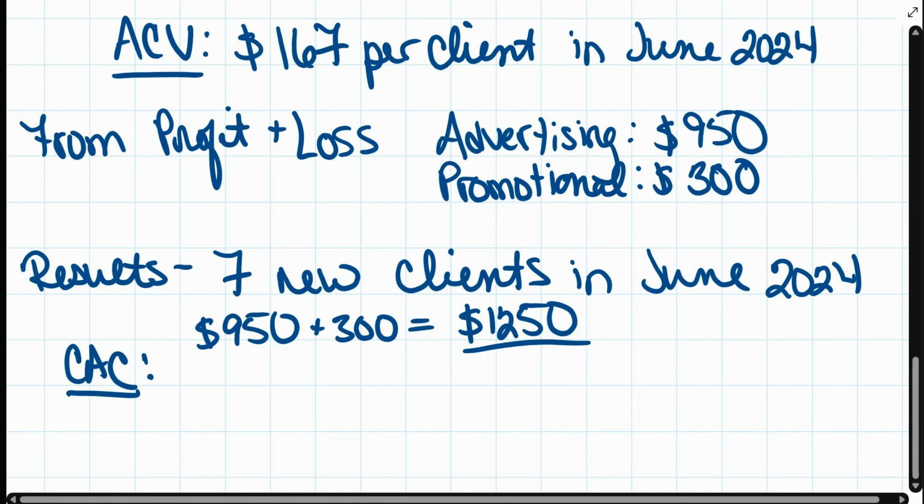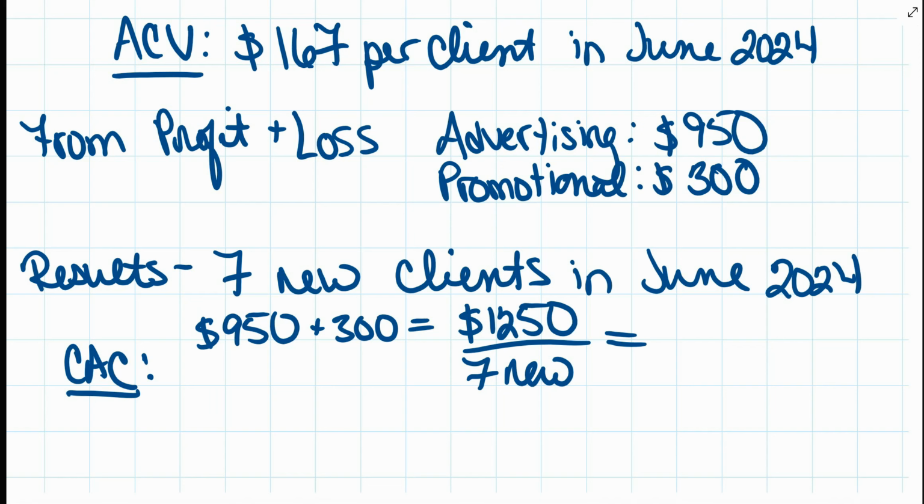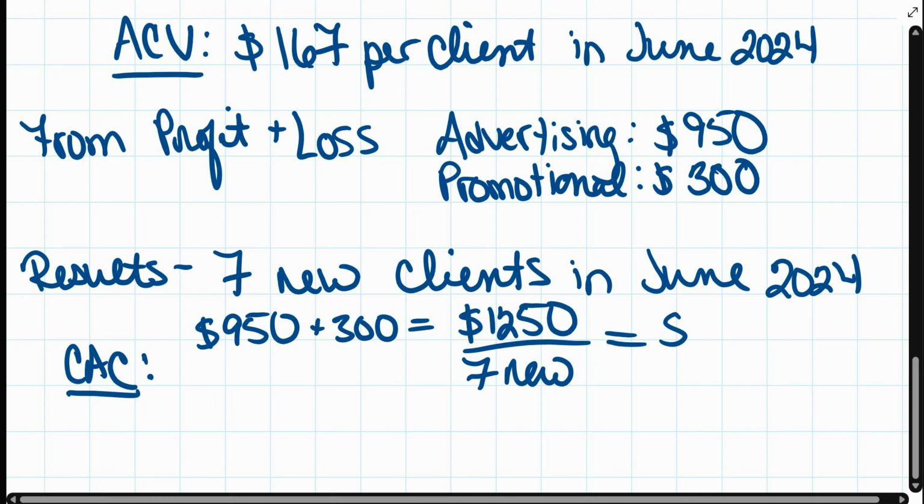And they had 7 new clients. Let's see what that number comes out to. When I take $1,250 and divide it by 7, I come out to a client acquisition cost of $170, we'll call it $179 to round up and make things nice and even.